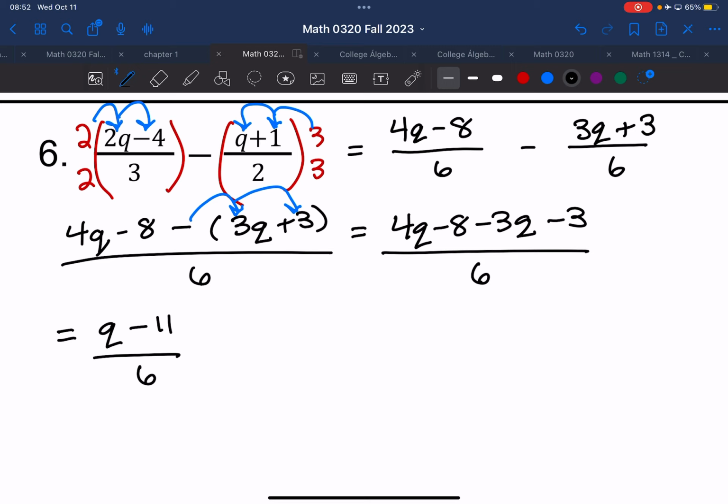Yes, because I can't simplify anything in the numerator any further, anything in the denominator, so this is my answer. So again, I had a different denominator, so in order to get a common denominator, I'm going to have to multiply each fraction by what it's missing.